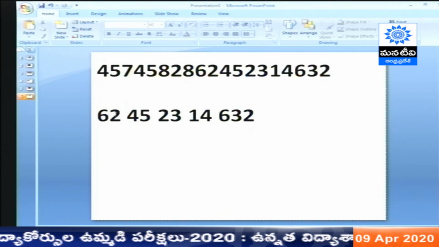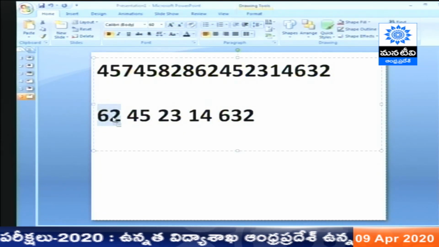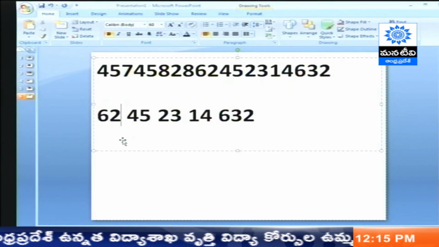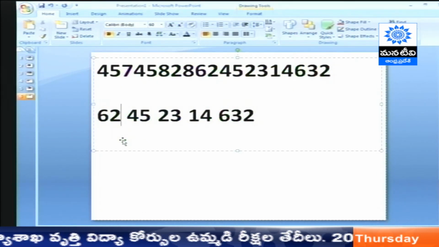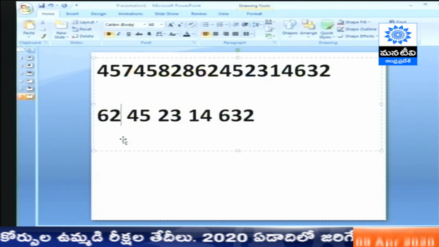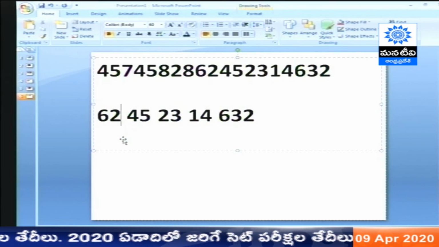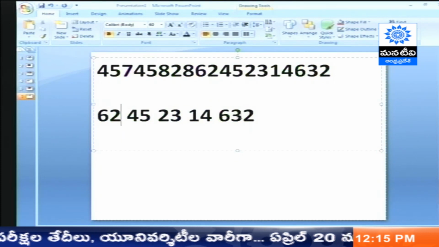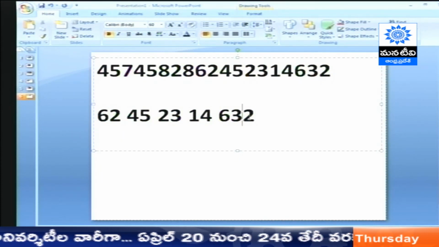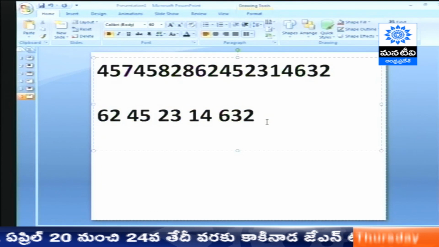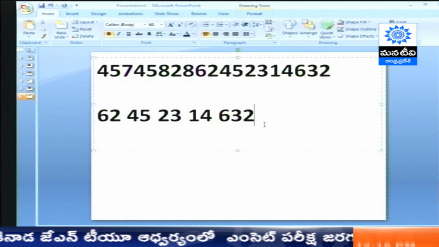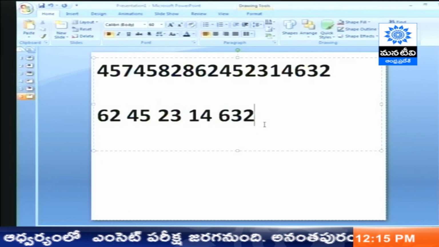For every 2 digits, on the second digit, my tone is going up. Pay attention. 6245231463. The moment I drop my tone, that means it's the end of the series. This is a very important aspect of intonation.